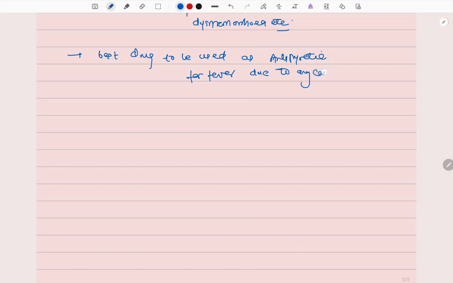Now we will look at it as the best drug to be used as antipyretic for fever due to any cause. Like we have seen, when we give aspirin, there is a correlation between aspirin or salicylate therapy and Reye's syndrome.